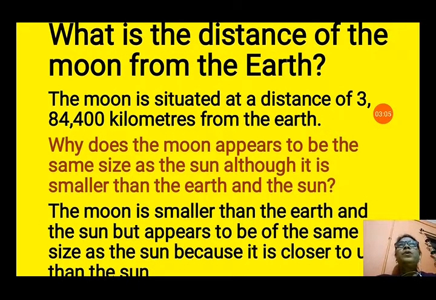The Moon is smaller than the Earth and the Sun but appears to be of the same size as the Sun because it is closer to the Earth than the Sun. The Sun and stars are very far from us, but the Moon is the closest neighbor, the nearest to the Earth. That's why it looks the same size as the Sun.